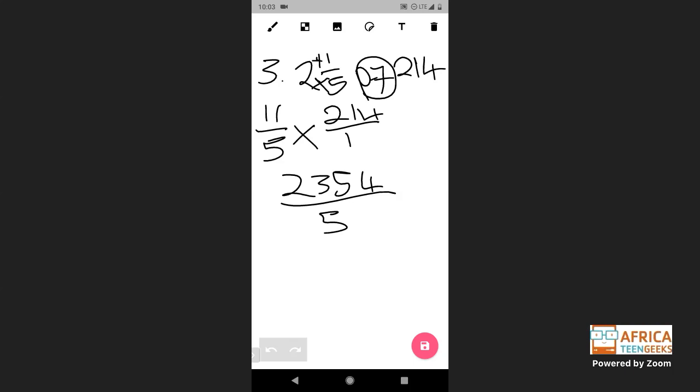Okay, so now let's break it down. Let's make it our mixed fraction. When we make it our mixed fraction, you know what we did yesterday? We'll have 2,354 divided by 5.